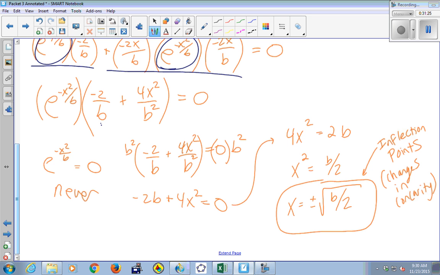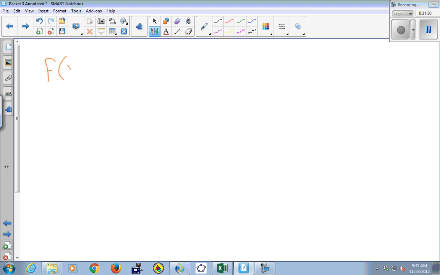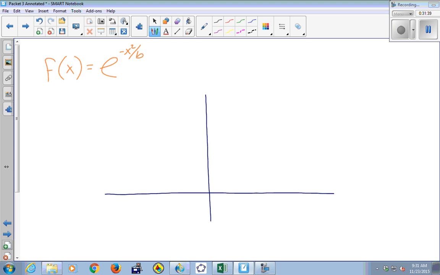So let's see if we can take all the information we have and sketch this function. F of x is e to the negative x squared over b. All right, so I know it's got a maximum up here at 0. And I know it approaches 0 as its end behavior. But it's always positive, so it's never going to go down below the x-axis. Okay. And then it's concave down here because that's a max.